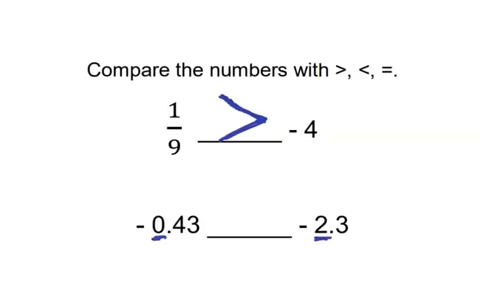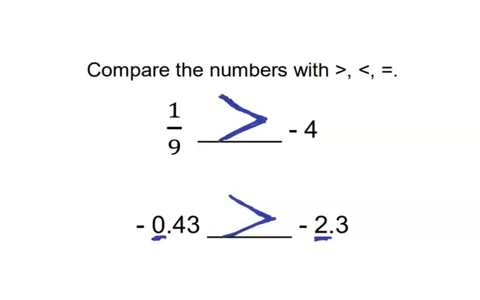So think about it. -0 is just going to be barely to the left of regular 0. Just not a negative at all. Okay, but -2 is going to be 2 places plus a little bit more further to the left, which means the -2.3 is the furthest to the left, which means that is the lower of the 2 numbers.